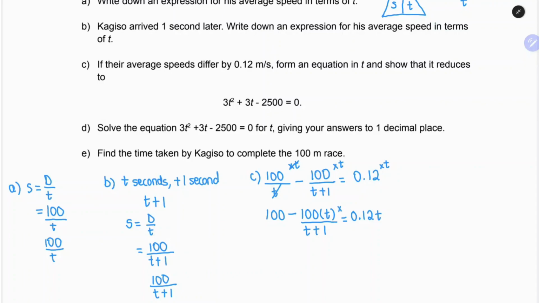And then again, I'm going to go on and multiply by t plus 1 because I'm trying to eliminate these fractions. Times t plus 1, times t plus 1. I want you to also recognize that what I'm doing on the left side of the equation, I am doing on the right side too. So just make sure that you do it to everything.